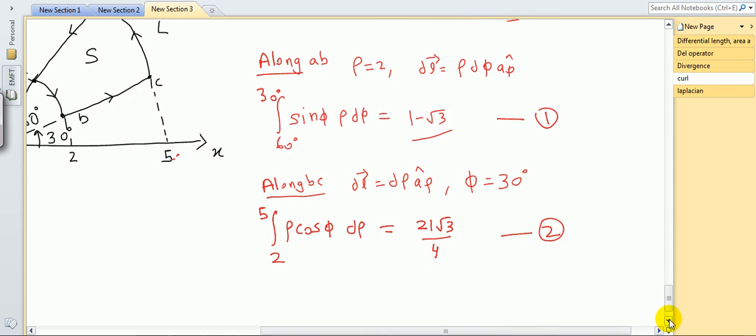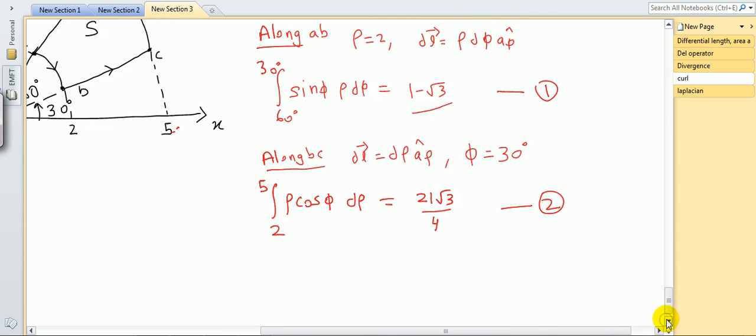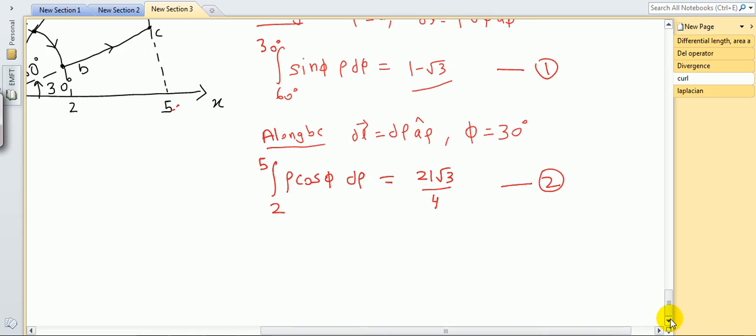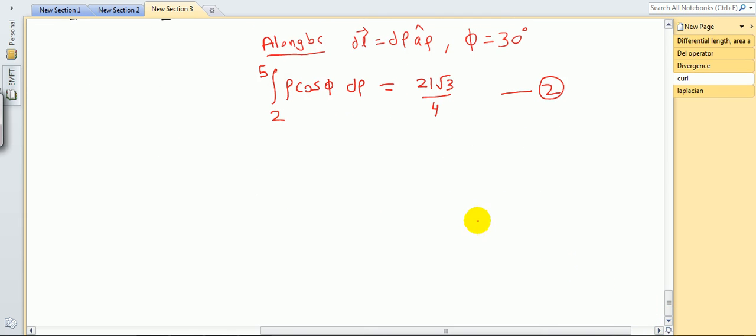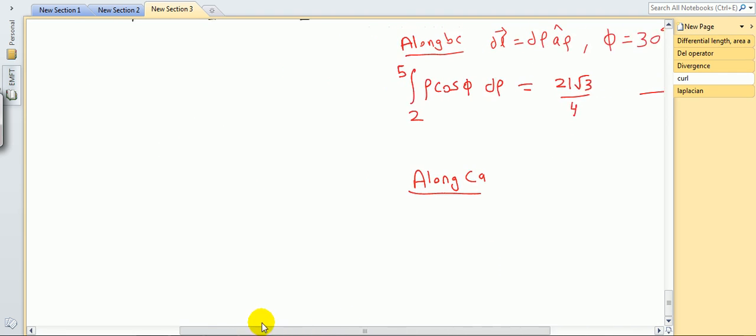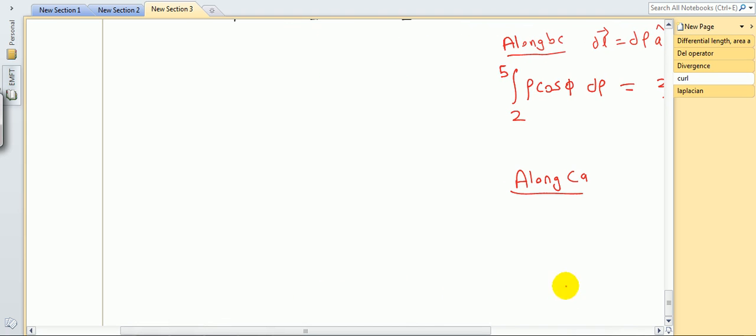Now I will find along the path CA. If you remember the figure, along CA, the phi will be changing, and the value of rho will be 5.